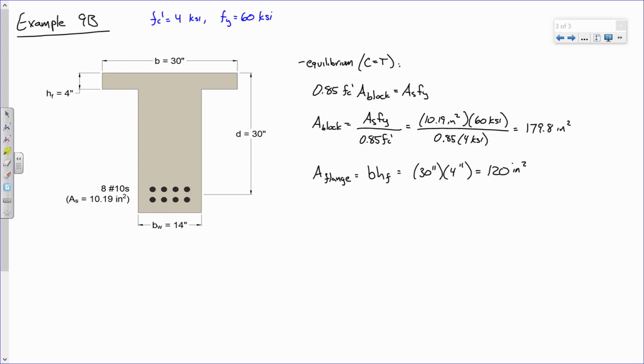I don't have enough room in the flange to fit the stress block. The stress block has probably got to look something like this, because it's going to take up the entirety of the flange and then some.